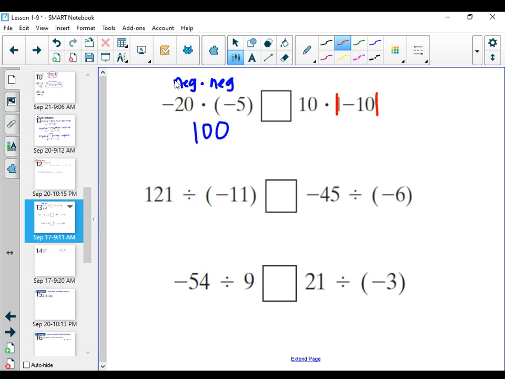What are those called? Oh, absolute value. What does absolute value mean? Oh, how far from 0 is negative 10? So I can cross this out. Negative 10 is 10 spots from 0. 10 times 10. Equal.